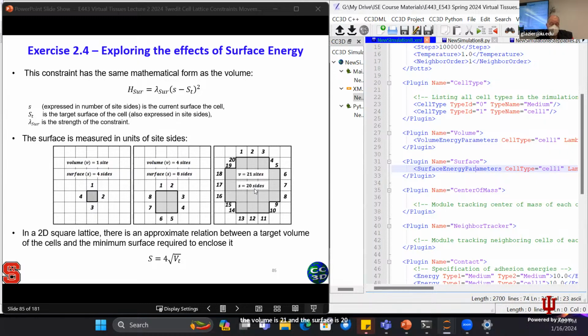Now, in normal Euclidean geometry, think about a circle. A circle has area pi r squared, and it's got a perimeter 2 pi r. So the area goes like the square of the radius, and the perimeter goes linearly with the radius.